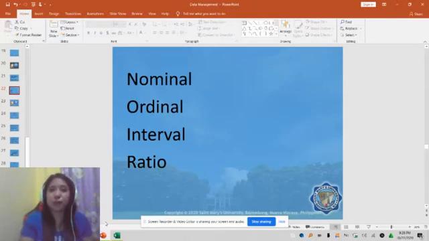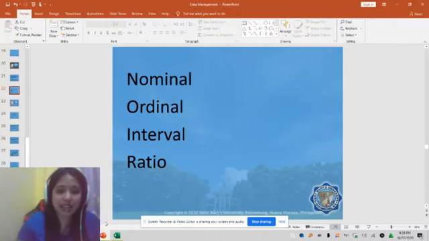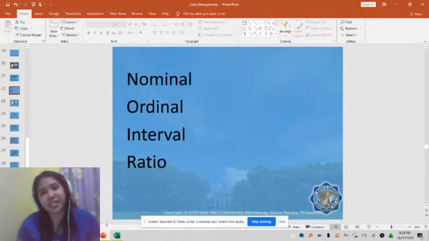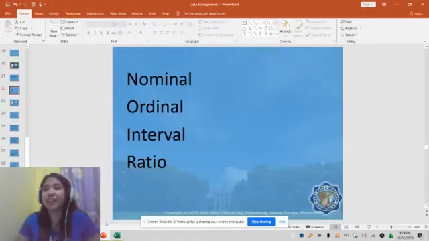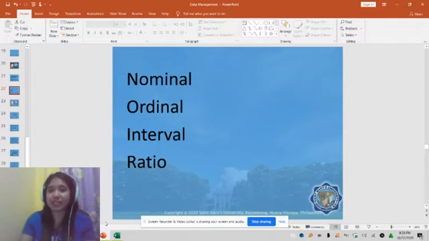We know that poor is the lowest, so it can be arranged in order from lowest performance to highest performance. Another example is skin tone. For skin tone, for instance, we have light skin tone, fair skin tone, dark skin tone, wherein we can arrange it from dark to lightest and lightest to dark.